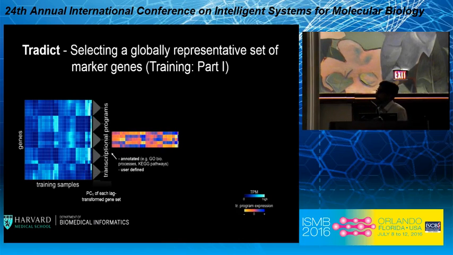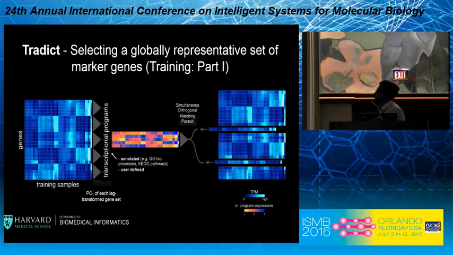So specifically, for each transcriptional program, we look at all of its constituent genes, and these can be defined in terms of GO biological processes, as we do in this work, in terms of KEGG pathways, other types of annotations, or user-defined annotations. And we compute the first principal component of a log-like transformation on the expression of each of the constituent genes in the transcriptional program, and we obtain this new expression matrix.